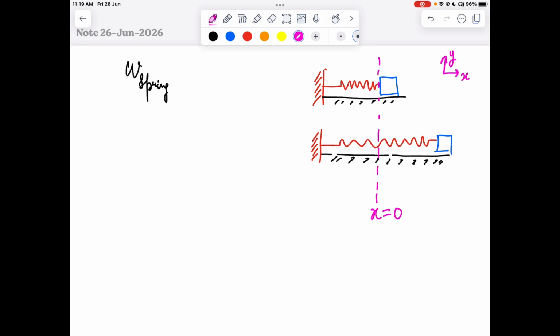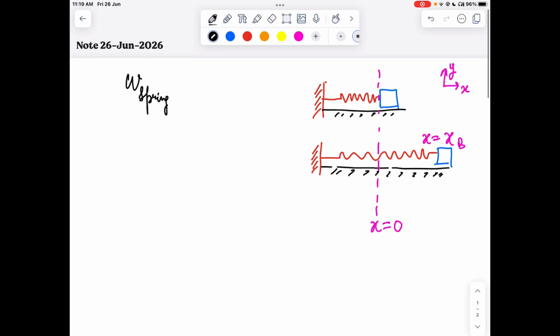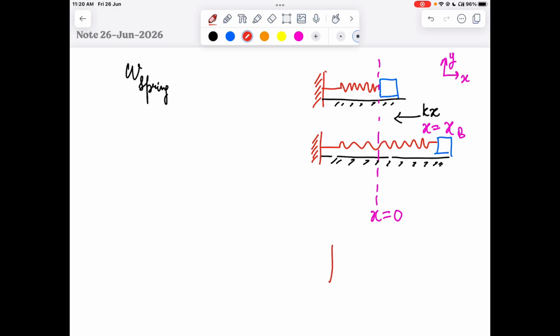Okay, and let's say that this is position B over here, or x is equal to, let's say, xB. Now we know of course that the force of the spring when we stretch the spring is in this direction, and that's kx, right? And of course when we have a spring which we then compress, then we have a force acting in this direction. So the force of course always acts towards the mean position.